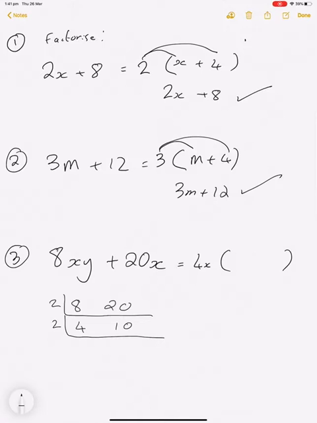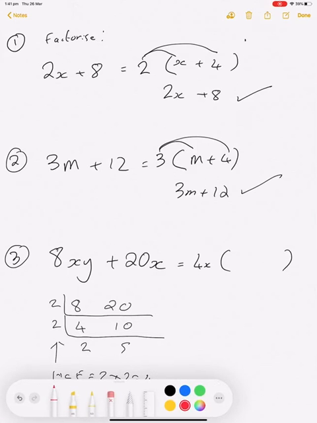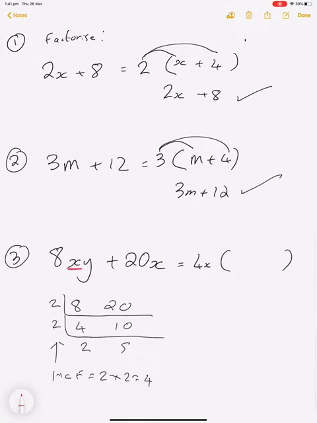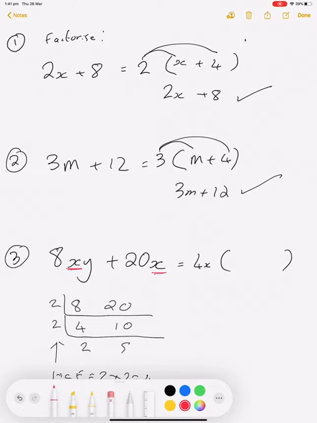Divide by 2 again to get 5. We stop. This is the highest common factor, which is 2 times 2, which is 4. Next we need to find what is common. The x is common, so we take the x out. We need to divide each term by 4x.